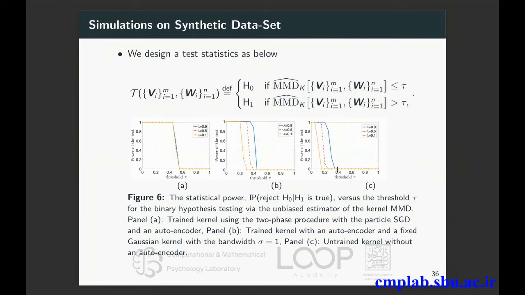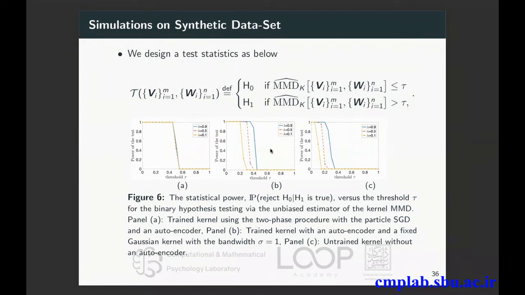It means that I would like to shift this curve to the right-hand side. As you can see, if I don't optimize my kernel, I get this result for different lambdas. In figure A, I apply my kernel learning, and as you can see, I have increased the threshold. So the performance of the hypothesis testing in figure A is much better than figure C.